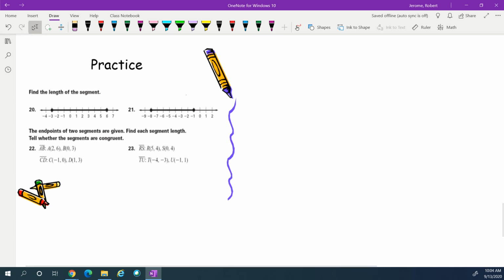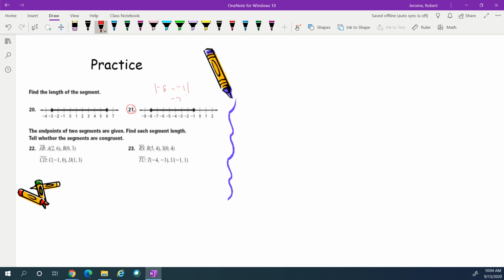So again, let's just do another example here. We're going to find the length of the segment. So I'm going to do number 21 here. And I can count, obviously, but just for the purposes of this exercise, I'm going to say -8 minus -1, absolute value.